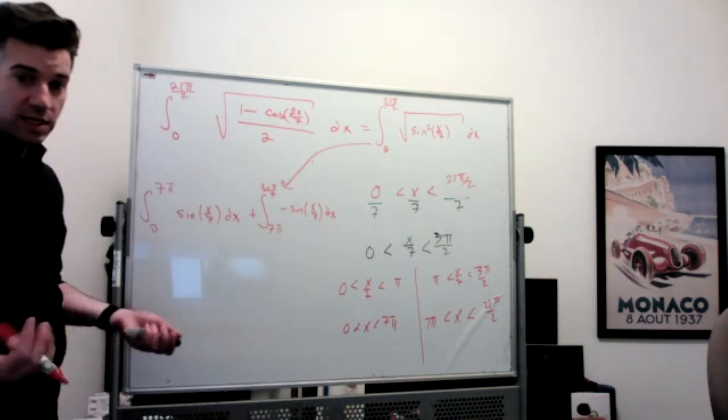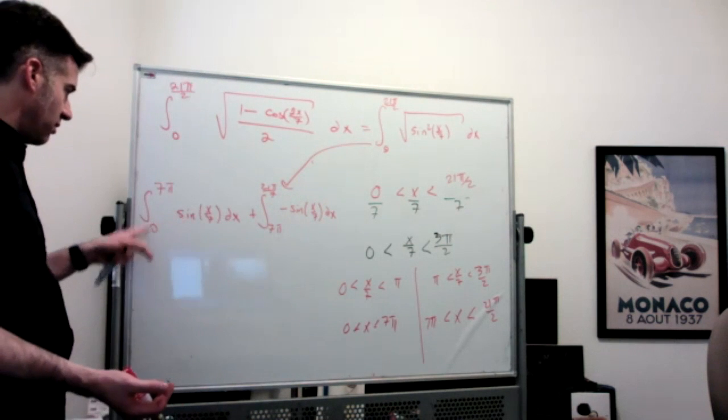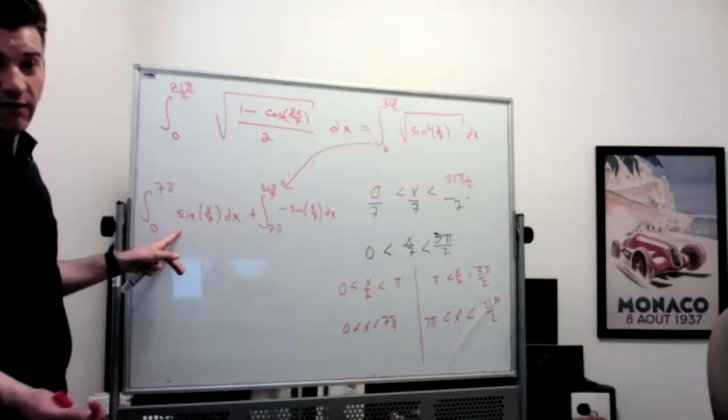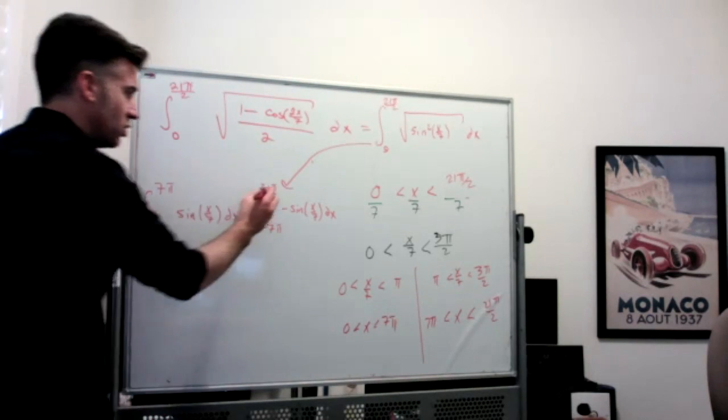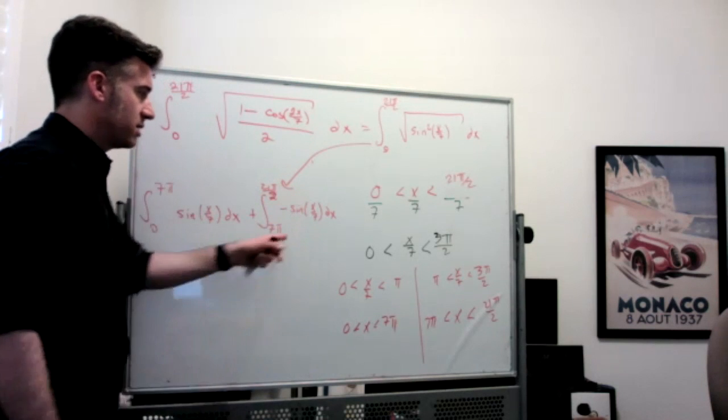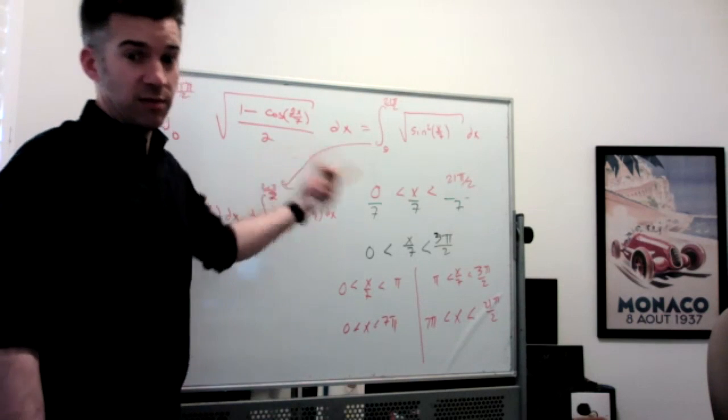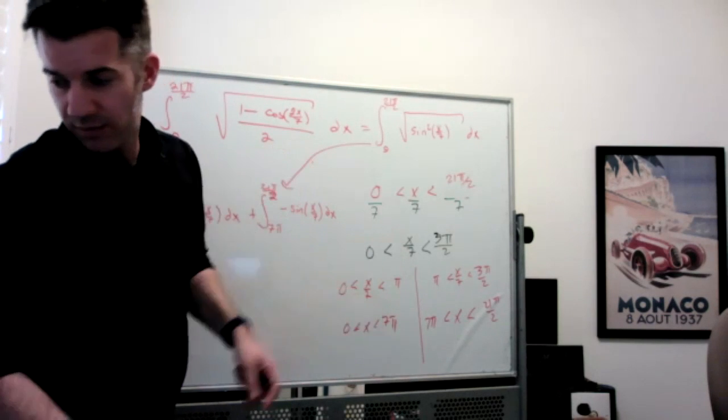The reasoning is that from 0 to 7 pi, sine of x over 7 is positive, but from 7 pi to 21 pi over 2 it is negative, and we need it to be positive, so we throw on a negative sign there.